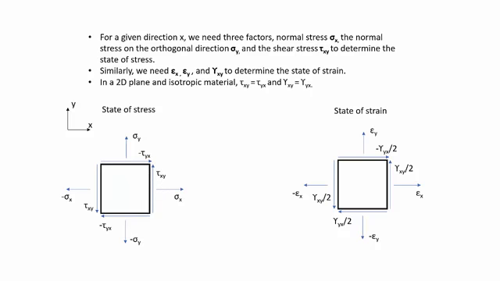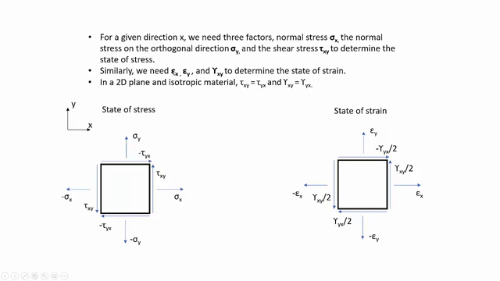The first one is the normal stress pointing to the x direction, that is sigma x. The second one is the normal stress at the orthogonal direction to x, that is sigma y. And the third one is the shear stress, tau xy.